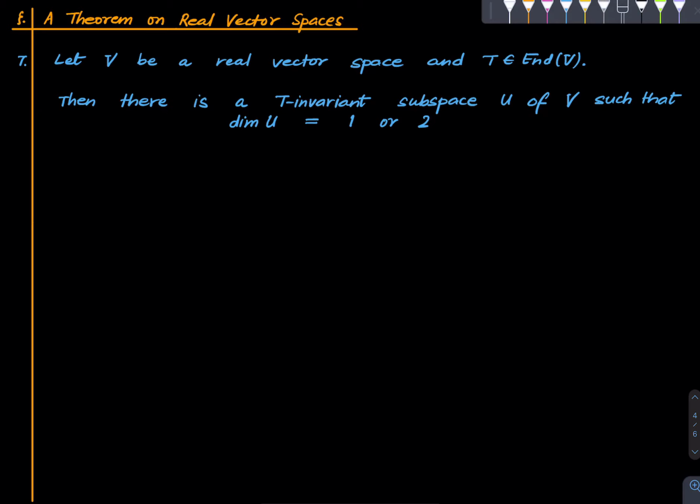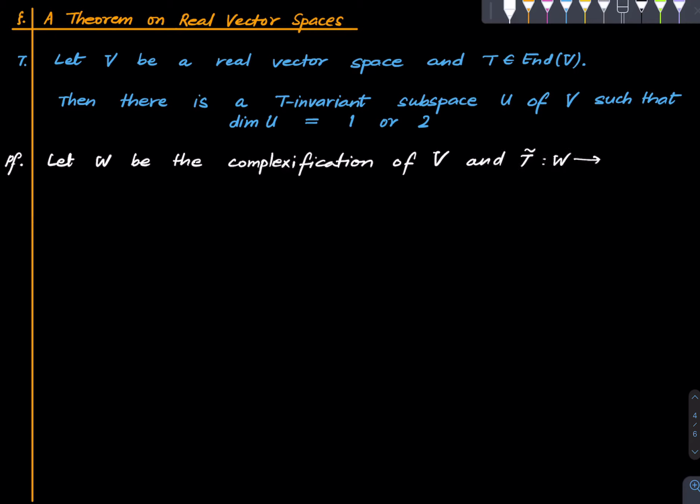All right. So let's prove it. So let W be the complexification of V as discussed in the previous slide, and T tilde be the complexification of T. All right.